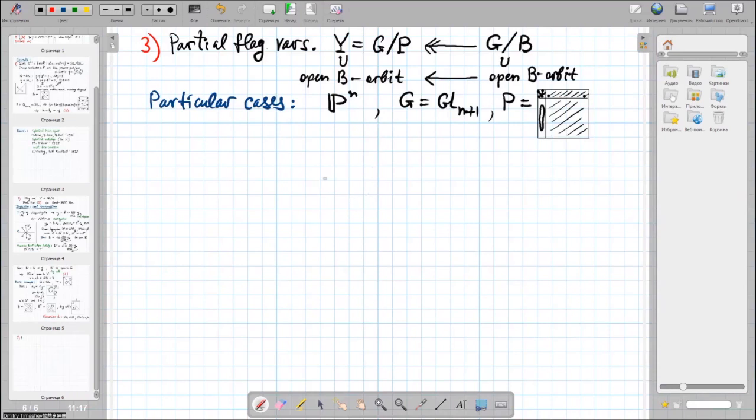A more general example is Grassmannians: the Grassmannian of m-dimensional subspaces in a vector space of dimension n.